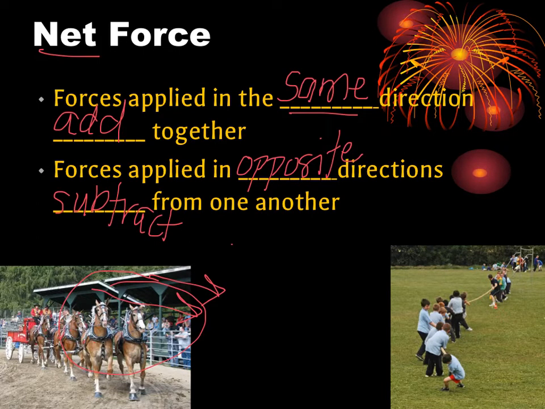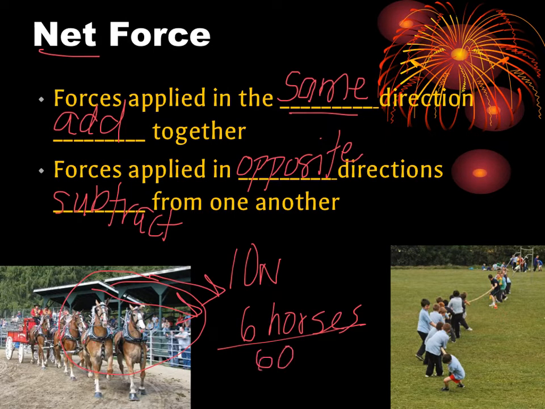So for example, if each horse was pulling with 10 newtons, well, there's 6 horses. So if I add them all together, 10, 20, 30, 40, 50, 60, I've got 60 newtons pulling that cart there.